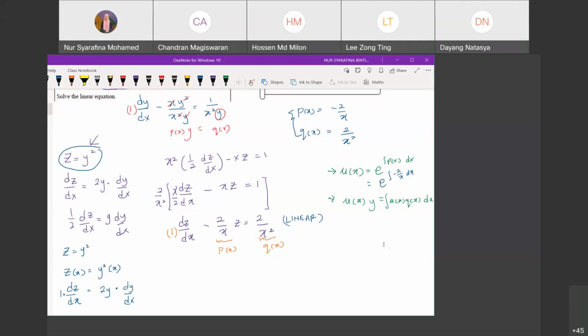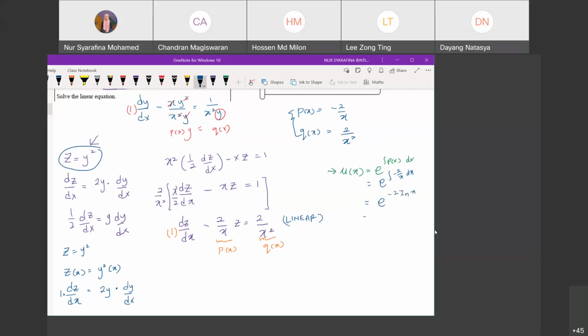Okay, what is your integrating factor here? Anyone want to try? e to the power of -2 ln x.